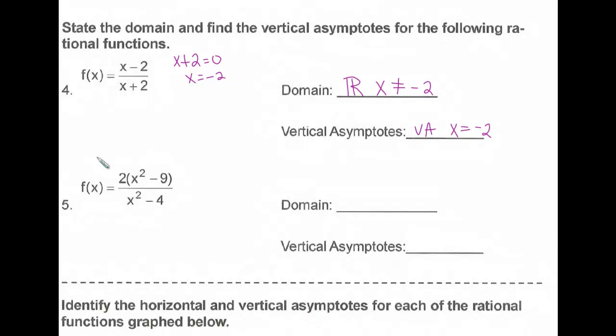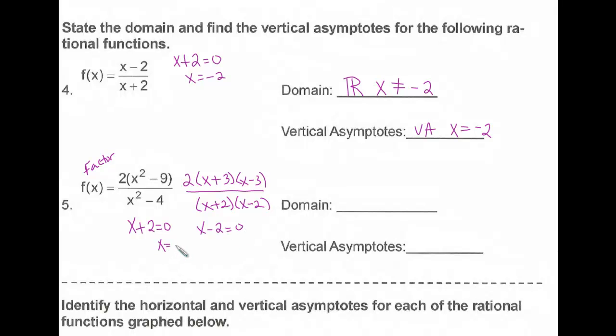And number 5, we need to factor first. So I have 2, and this is a difference of squares, so x plus 3 times x minus 3 divided by x plus 2 times x minus 2. We do not have common factors, so at this time set the denominator equal to 0 and solve for x.